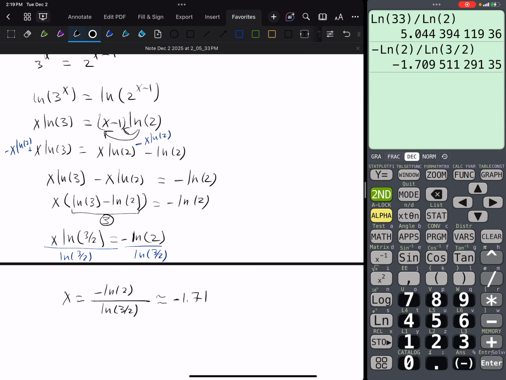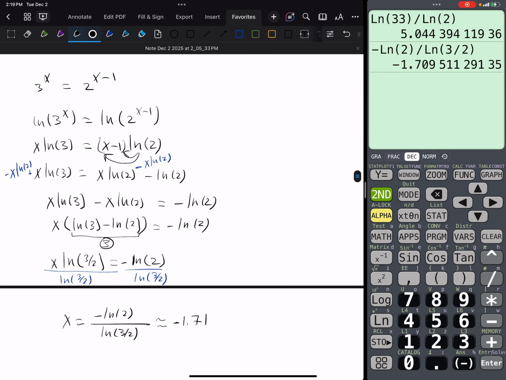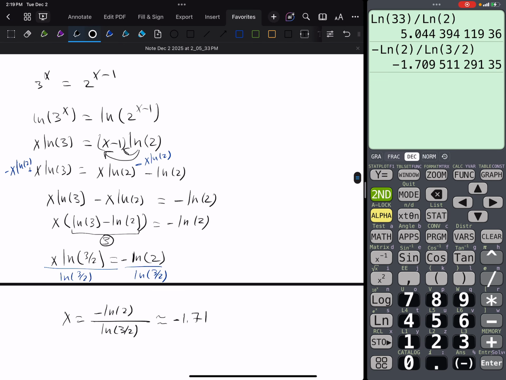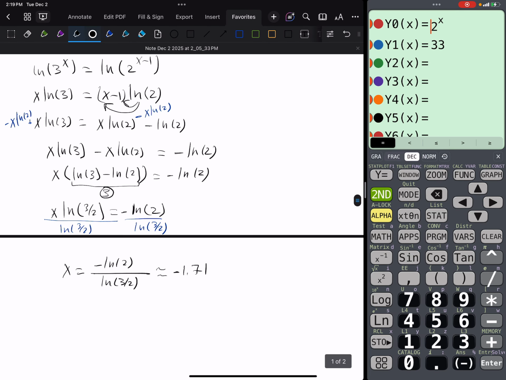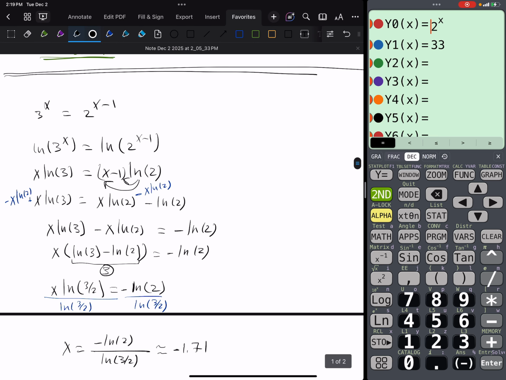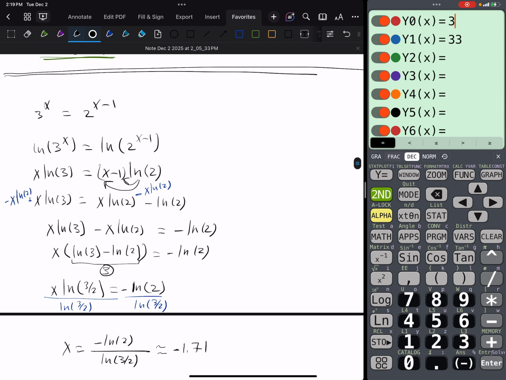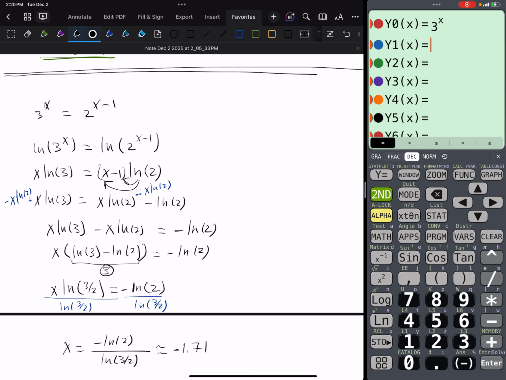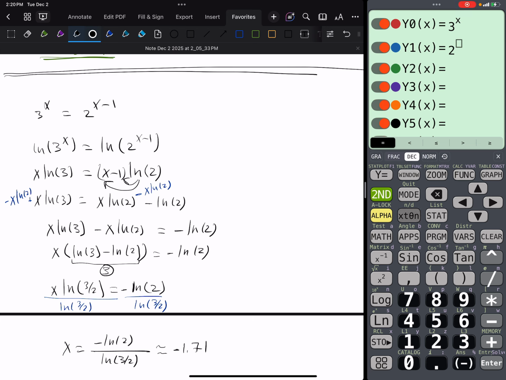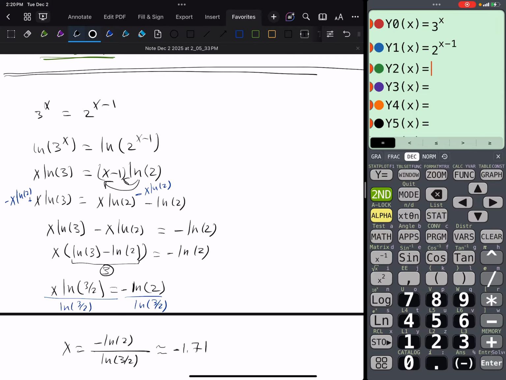Okay, and if I wanted to test that, how could I test that? Well, let's go back to our original equation, our 3 to the x and our 2 to the x minus 1.